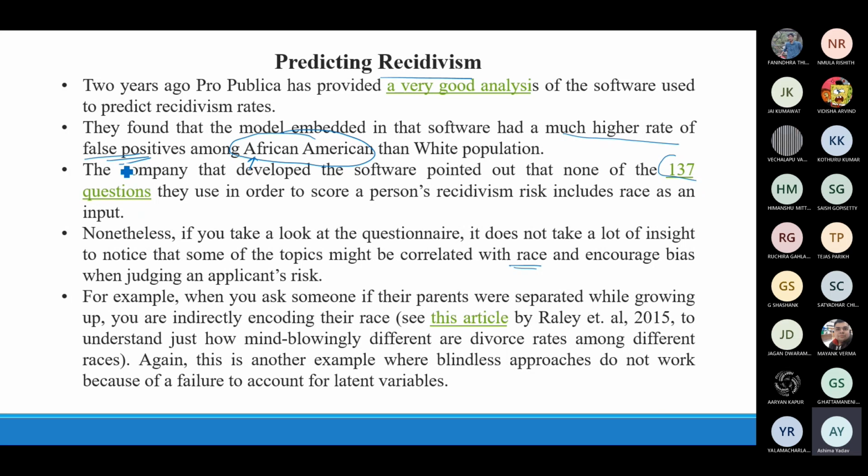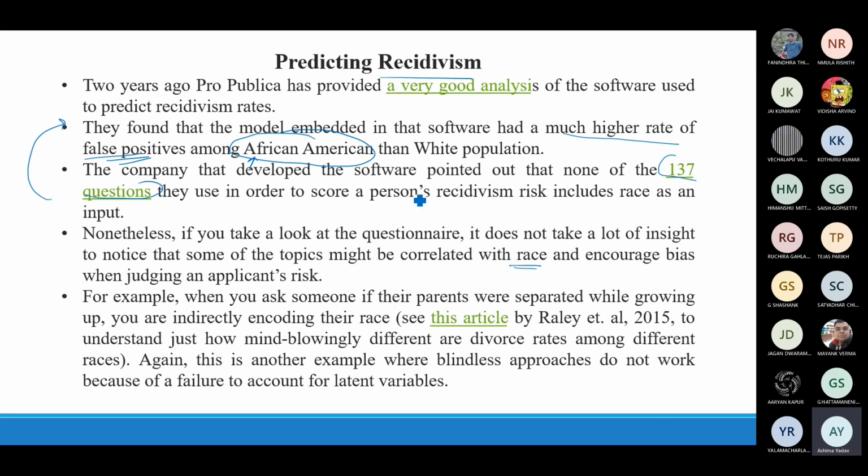I made a set of 137 questions to prepare for this analysis, but in my questions there was no topic related to race, no parameter that could have told the model that this person is African American and that one is white, and then the model could see that African Americans have a high recidivism rate, so maybe more false positives towards them.